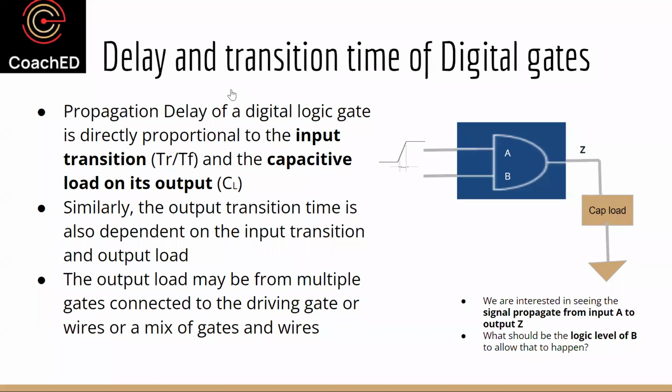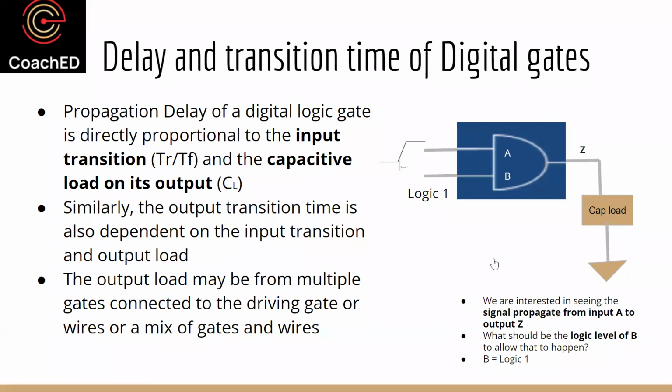Okay, thank you. So yes, we need to have logic high on this because it's an AND gate, which means the only way you can allow this signal's effect to be visible is when this input pin B is sitting at 1, which means whatever is the effect on A is going to propagate to the output.